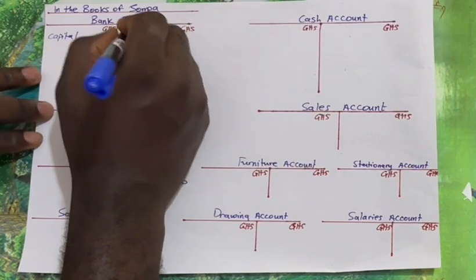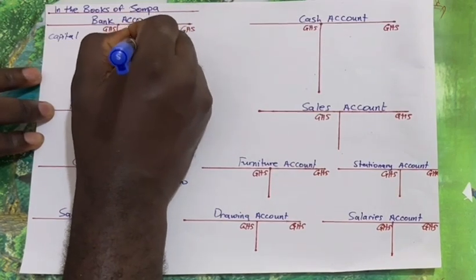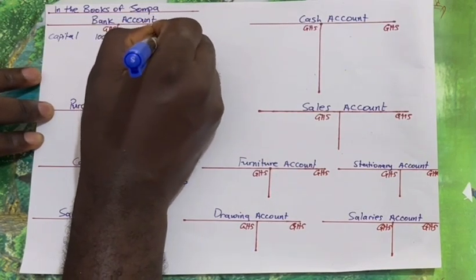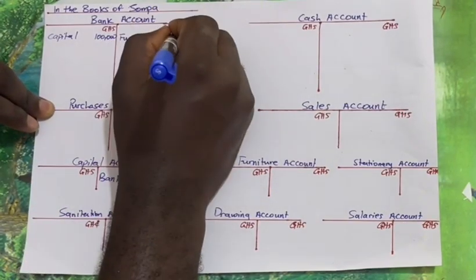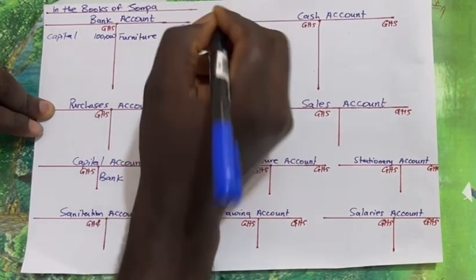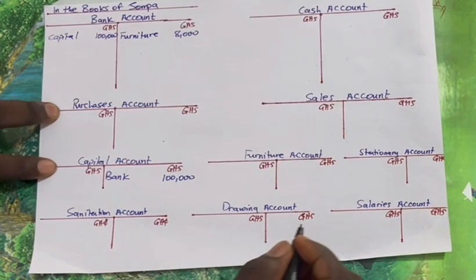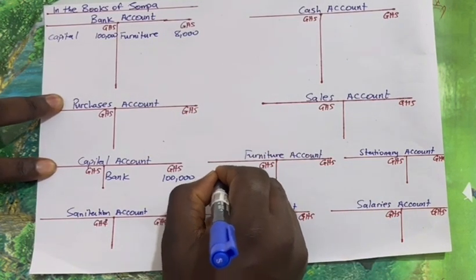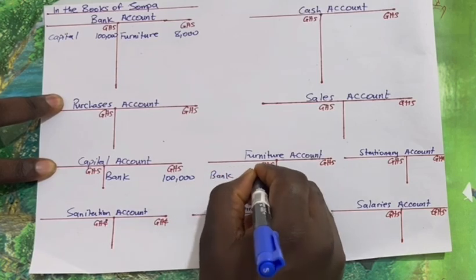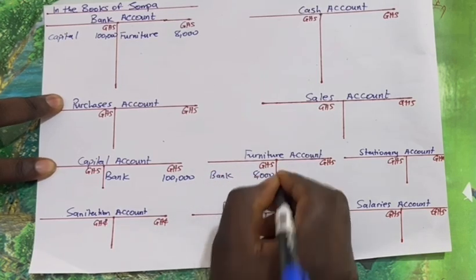So we credit the bank account in the name of furniture, 8,000, and then we debit furniture in the name of bank, 8,000. Do we get it?